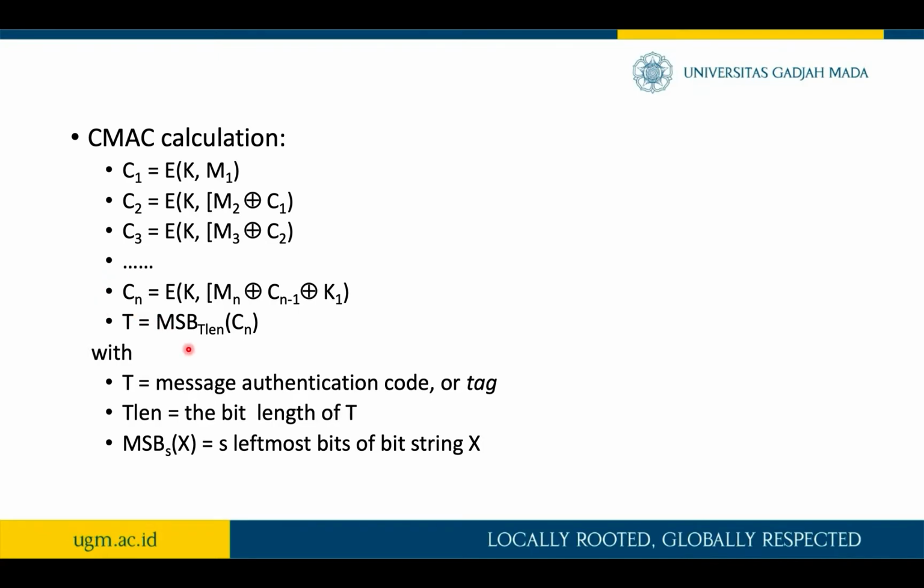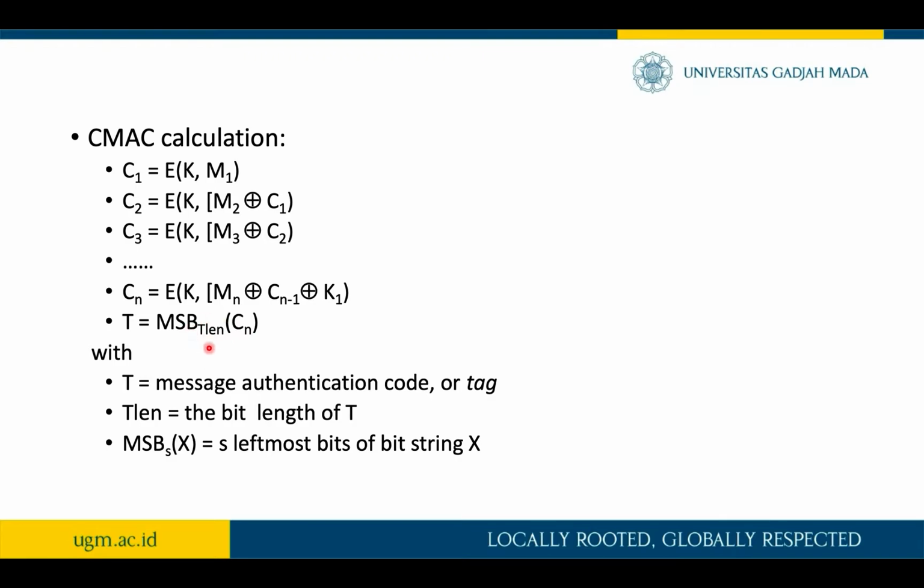How many bits do we want to use? It depends. So here, the tag T, the message authentication code, will be the most significant bits of Cn. The length is the tag length.